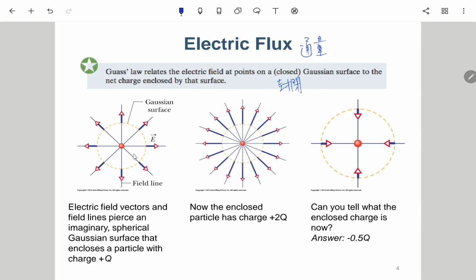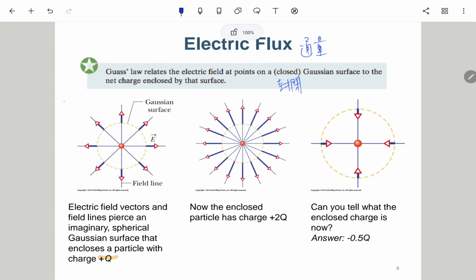So here we can see there are 3 figures. Let's see them one by one. On the left side, suppose we have a charge, and suppose it is a positive charge with a charge amount plus Q. Of course it will generate some E field in the whole space.